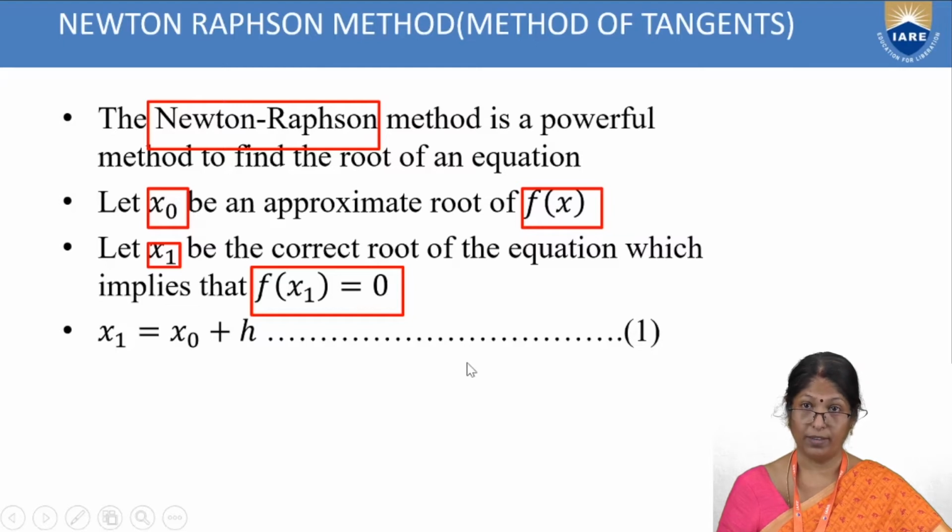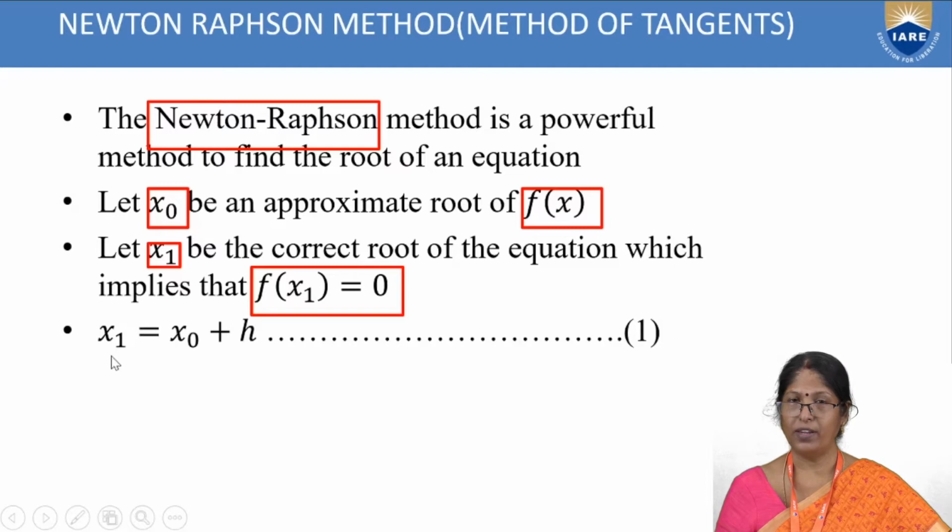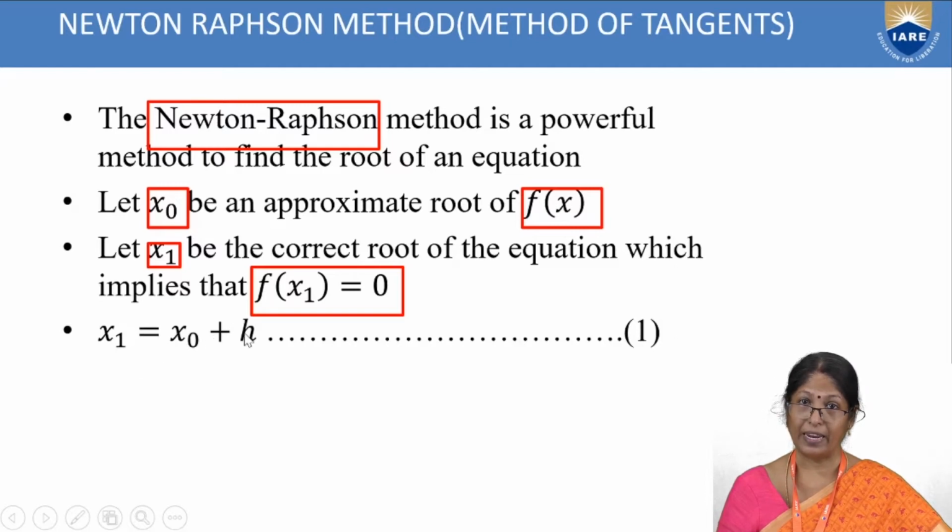If you take 10 as x0, 20 becomes x1. How did we get the 20? 10 plus the difference. So x1 is nothing but x0 plus h. That is 20 equals 10 plus 10, that is the difference. So in that concept, x1 is nothing but x0 plus h. We name this equation 1.